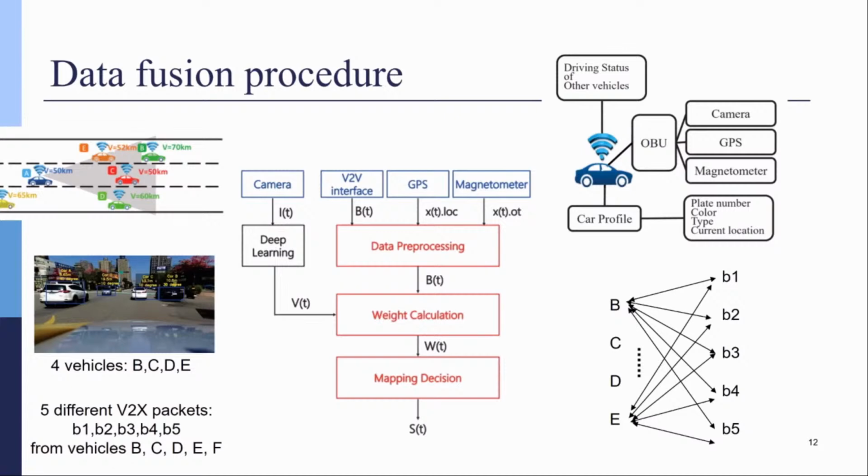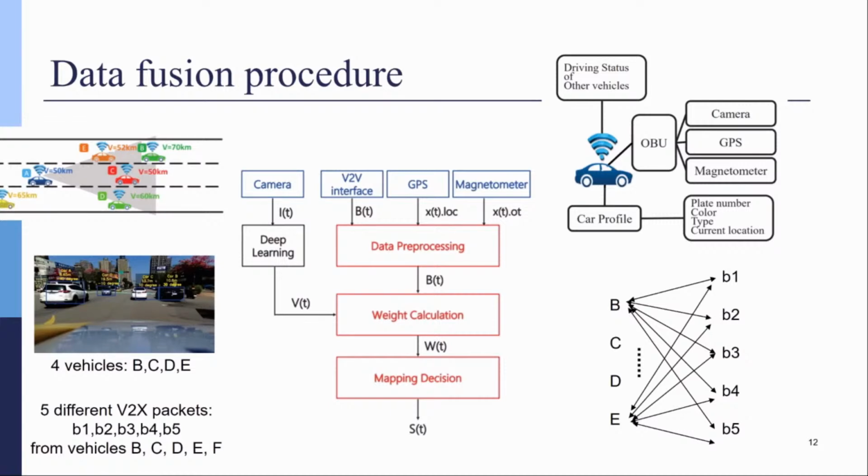Then, for any possible pairing, for example, in this image, we can see 4 vehicles, B, C, D, and E. Since there are 5 neighboring cars, we will receive 5 different V2X broadcasting packets: B1, B2, B3, B4, and B5.